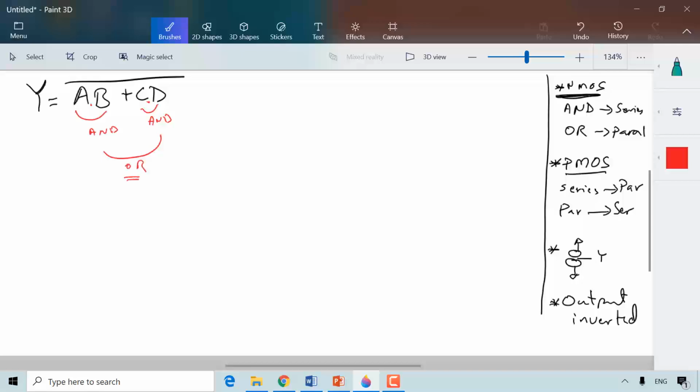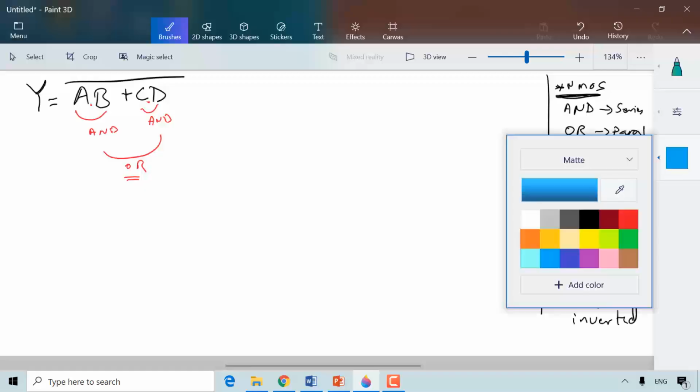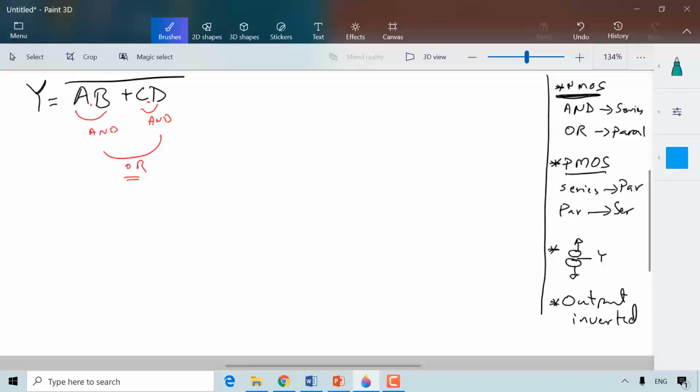The construction of this circuit is very straightforward. The very first thing we do is construct the NMOS. I know that I have a power supply, and in between there is the output, and then I have a ground. This is where the PMOS circuit is, and this is where the NMOS circuit is.